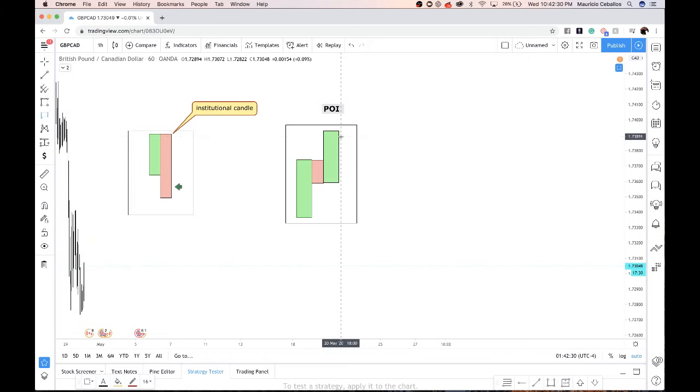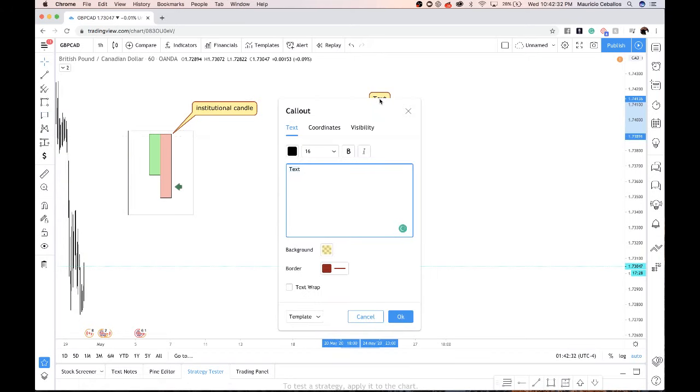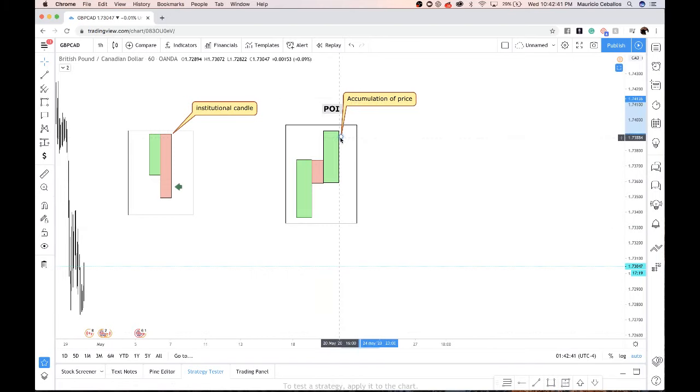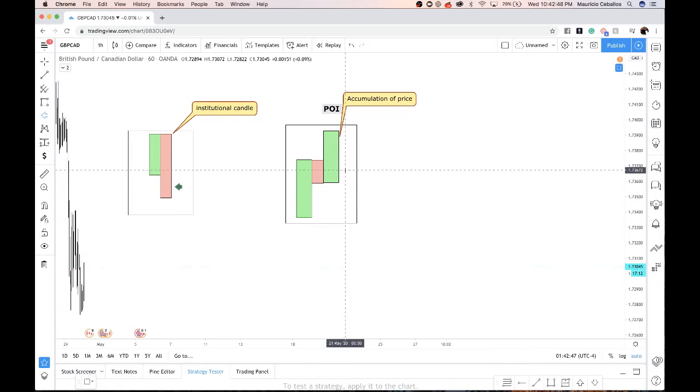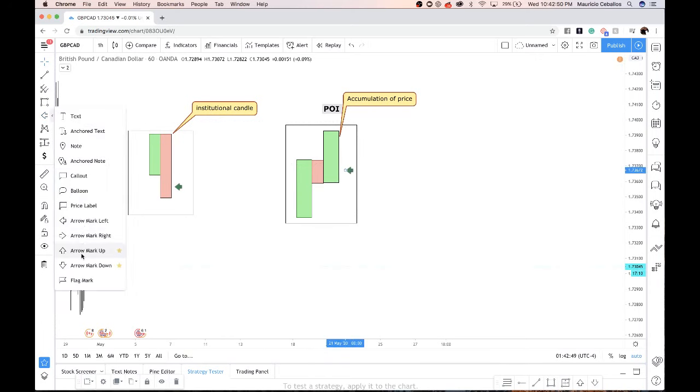Many people call them very different names, order blocks, and so on, but I want you to understand why it is accumulation of price. Understand how it's being created.